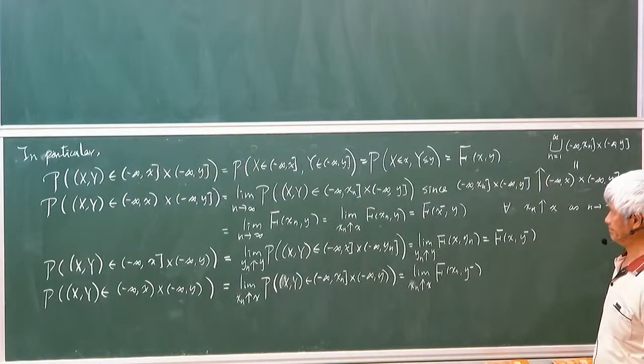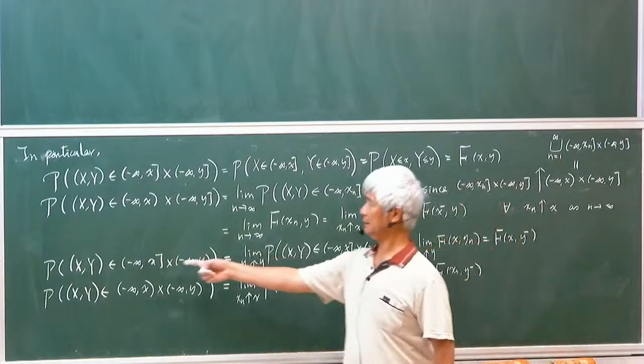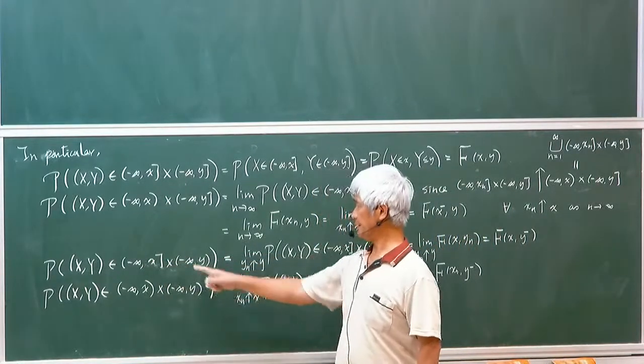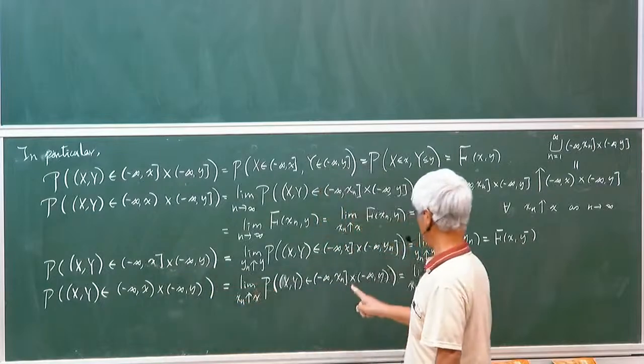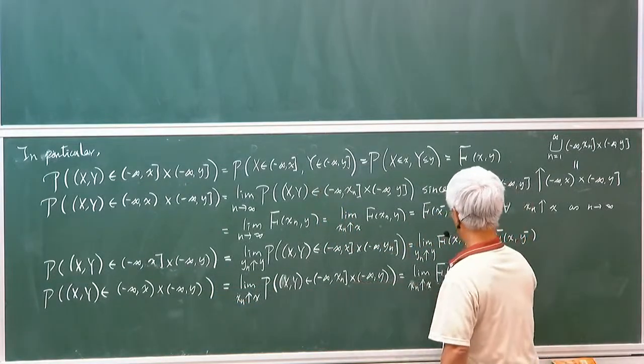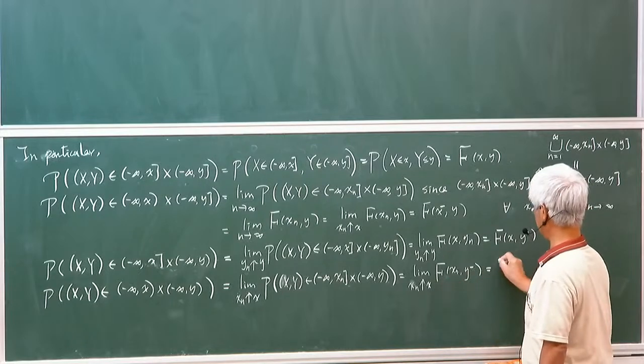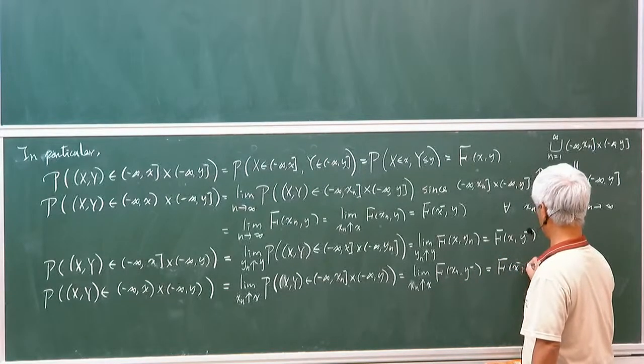So we apply this formula here: closed, open. So this is F of x and y, and this is F of x minus and y minus.